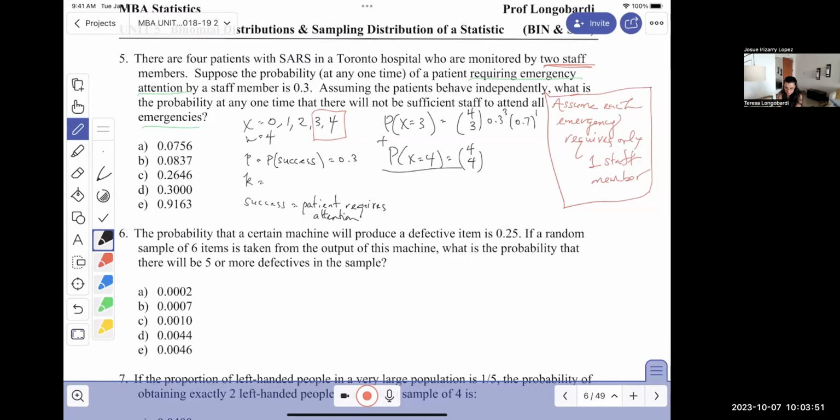Then the next one, 4 successes, and that leaves 0.7 as the probability of failure, and there's none of those. So simplifying, this is a 1, this is a 1, this is a 4, and now you can easily calculate one at a time and add them together.